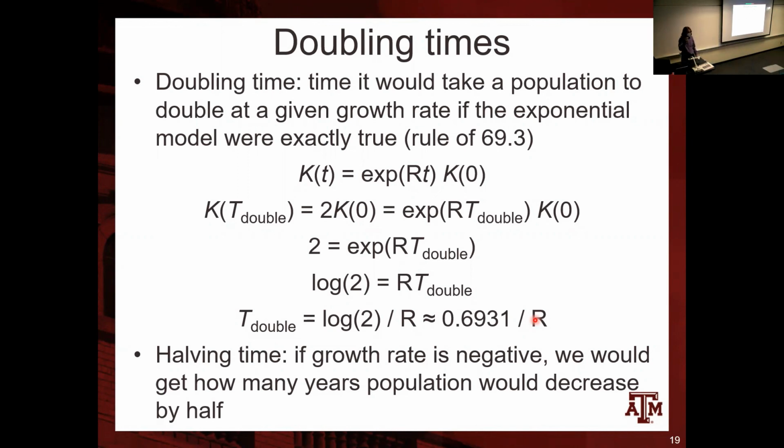How many years? 70, right? It's simple. If you round this up to 0.7, you just divide 0.7 by that growth rate. Cool? So if this population keeps having this same population growth rate for the next decades, we just apply this simple formula, and then we can have an idea of how many years it will take for the population to double. I will give examples in the next slide.